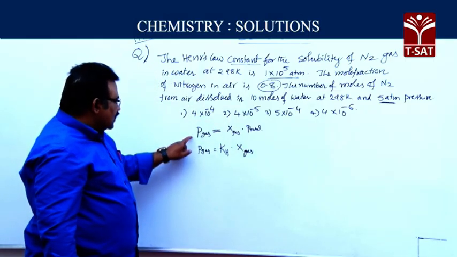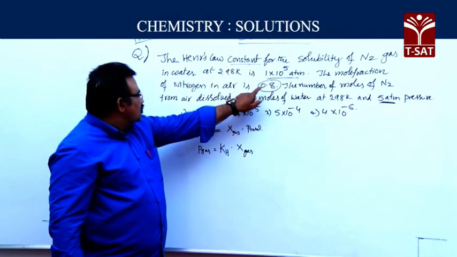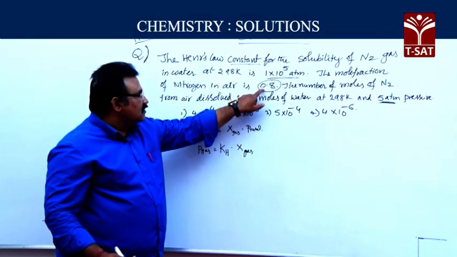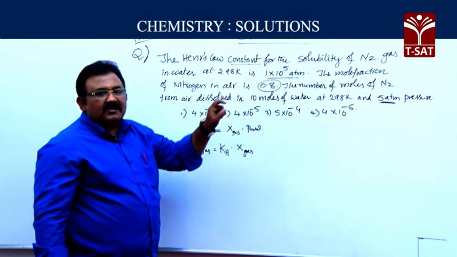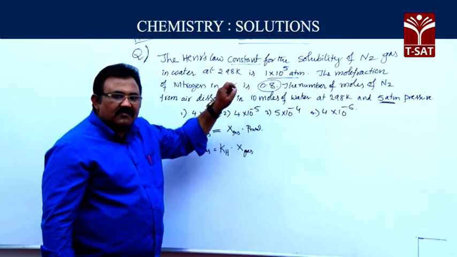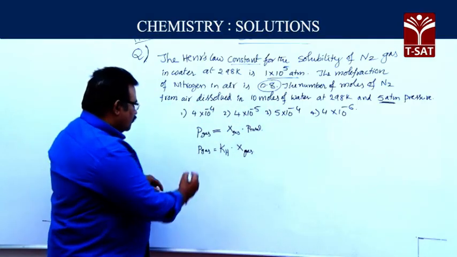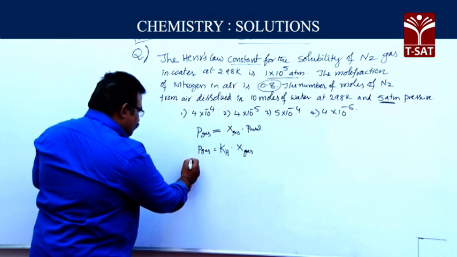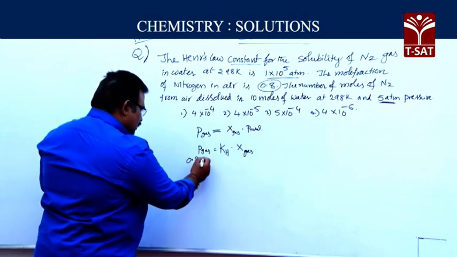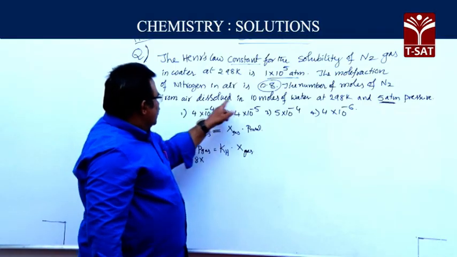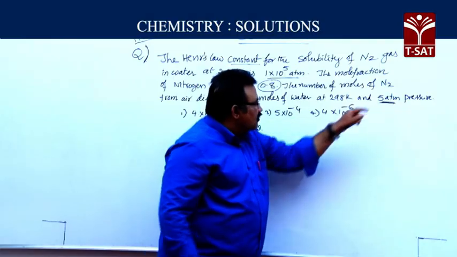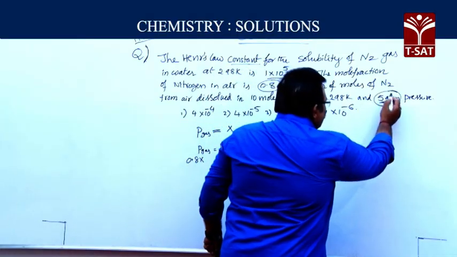Here, air contains 0.8 mole fraction of nitrogen, the rest would be oxygen. Oxygen mole fraction is 0.2. Here only nitrogen mole fraction was given. So, for partial pressure, substitute nitrogen mole fraction 0.8 into the total pressure, dissolved in 10 moles of water at 5 atmospheres pressure.